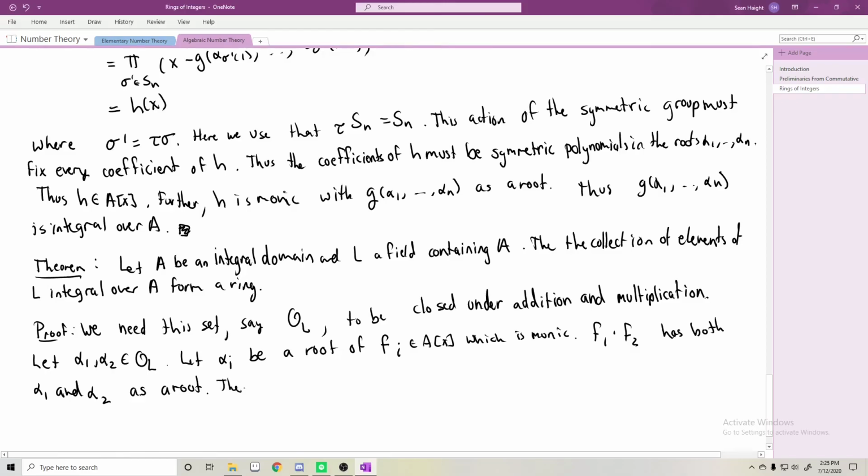And then what we do is I'm going to let alpha 1 through alpha n be an enumeration of the roots of f1 times f2 in, let's say, the algebraic closure L bar.